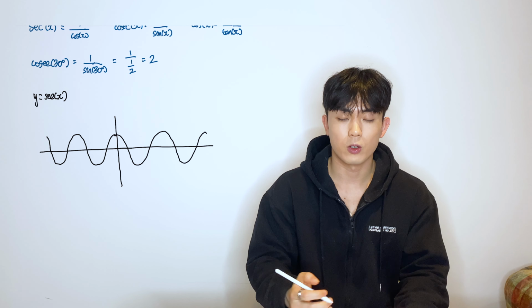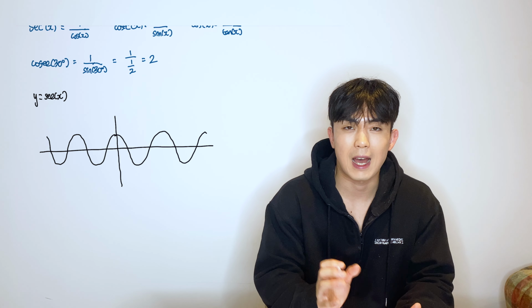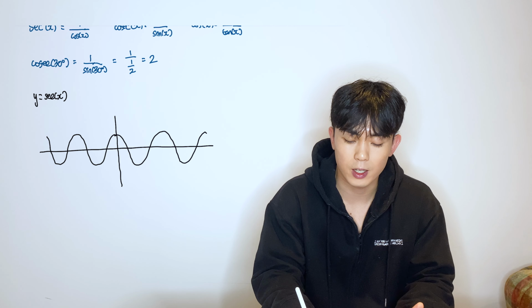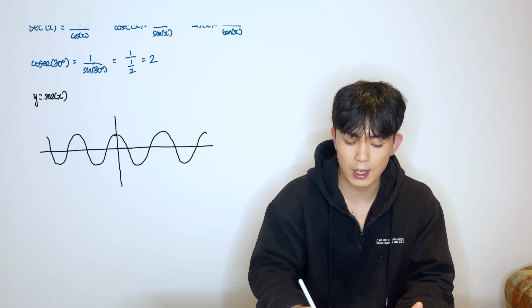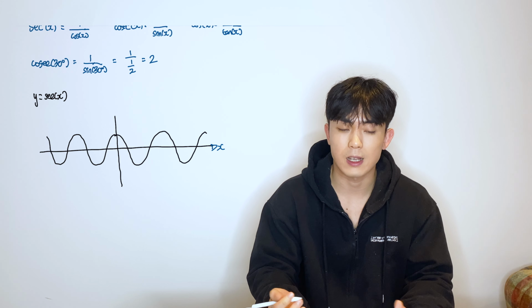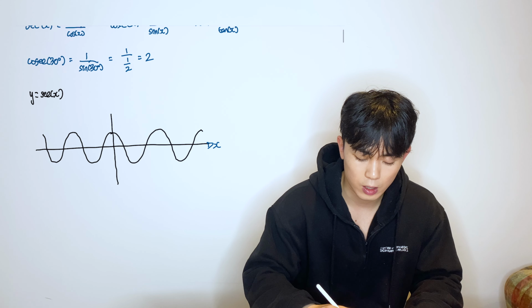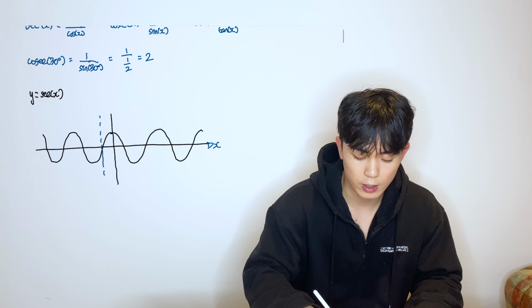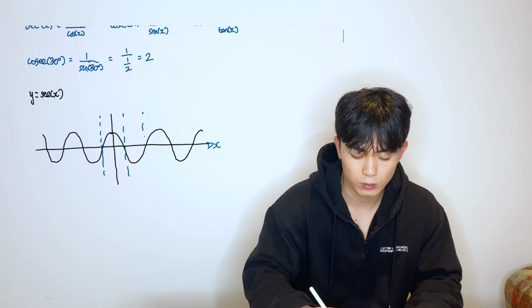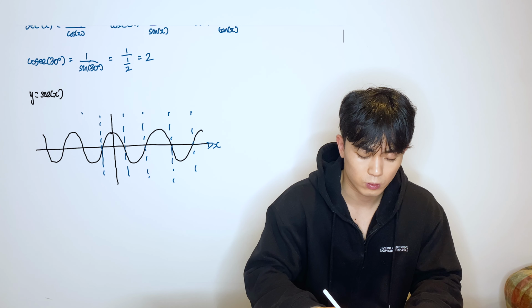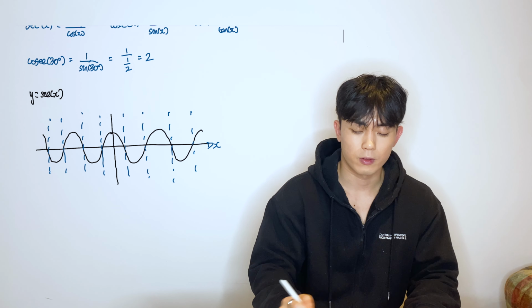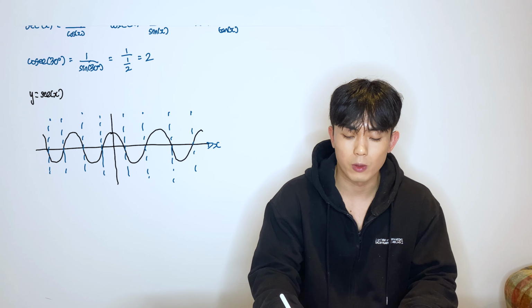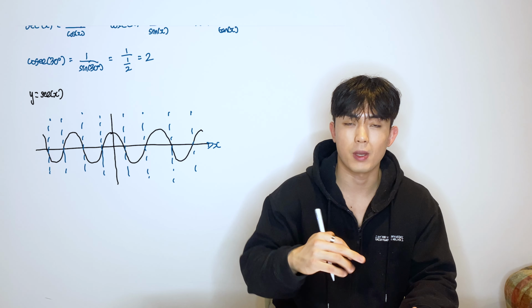From here, all these 3 functions have asymptotes. For this particular one, the asymptotes are where the cos graph crosses the x-axis. So I draw my asymptotes first, just sketching these asymptotes. After I sketch these asymptotes, within each asymptote I just flip it up and down.